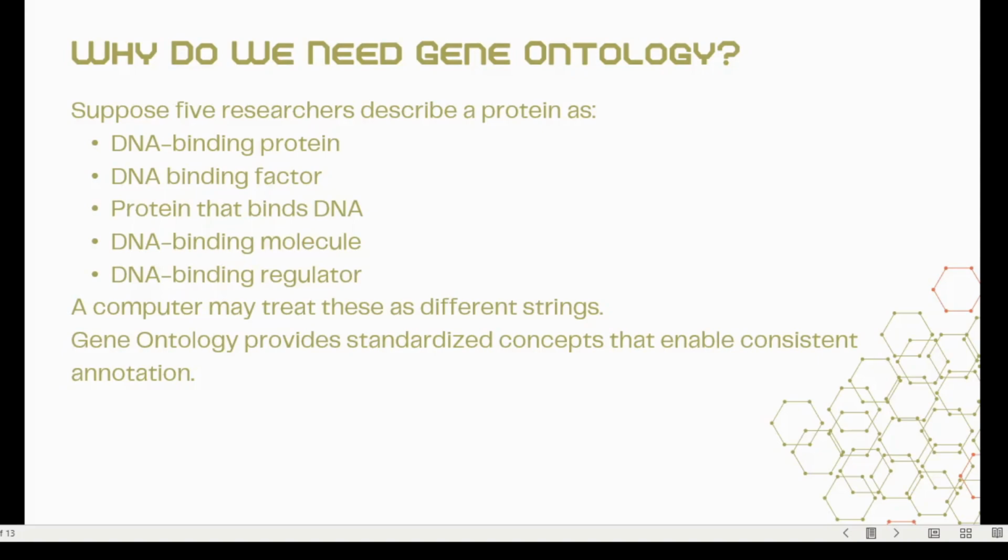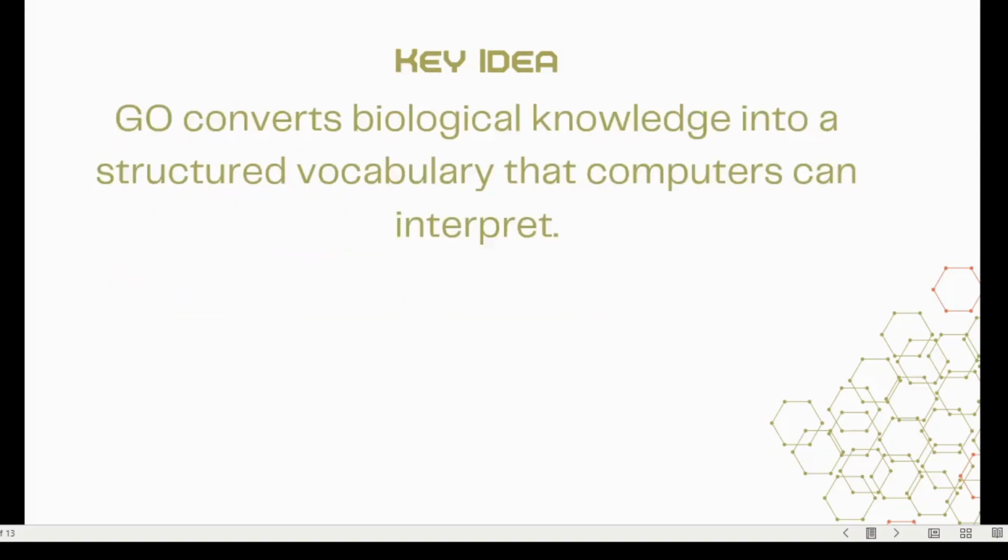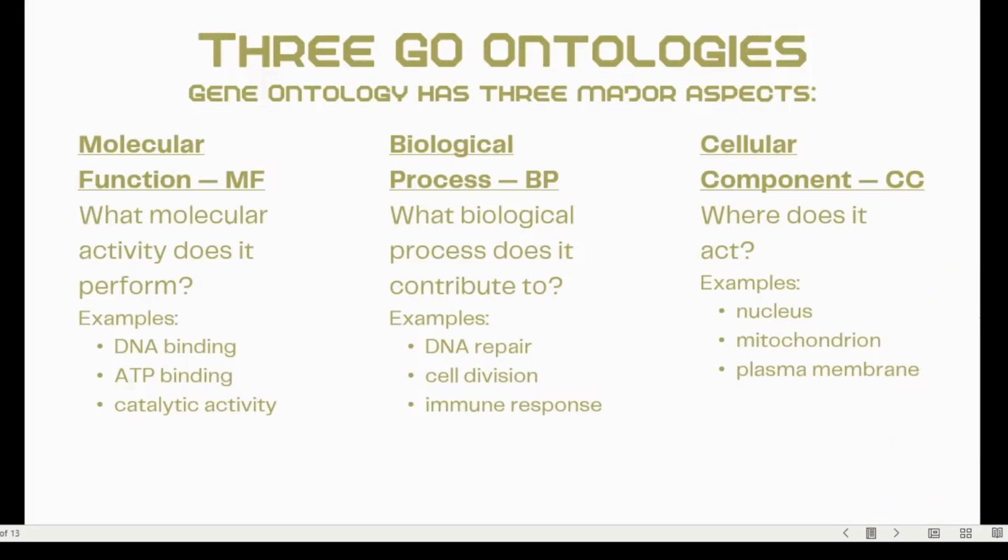So this will standardize the concept. The key idea here is that gene ontology converts biological knowledge into a structured vocabulary that computers can interpret. Basically, we convert biological knowledge into structured vocabulary and fit all these codes in the computer, so the computer can interpret that code.